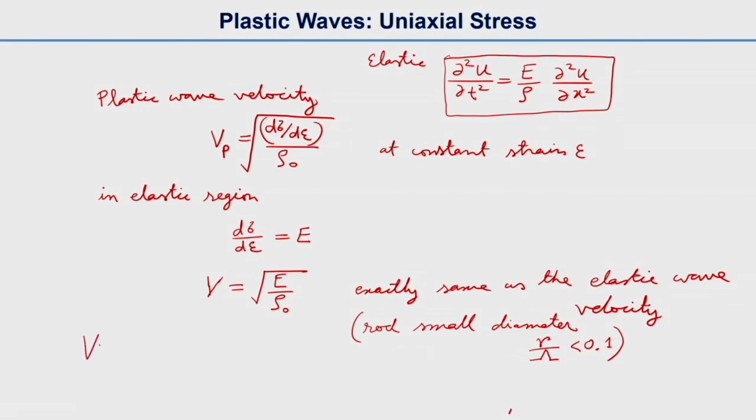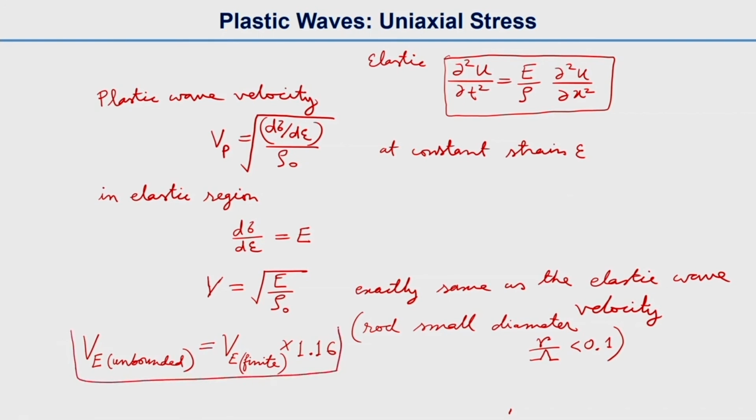The elastic wave velocity for unbounded media is 1.16 times the velocity we got for the rod, the finite body.